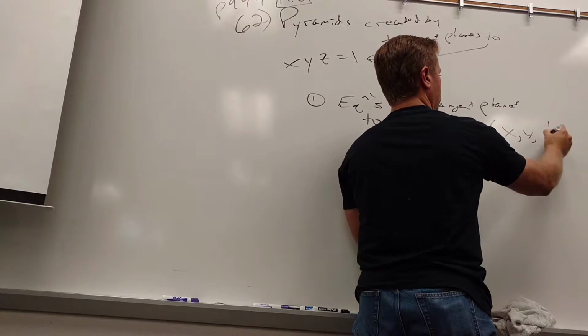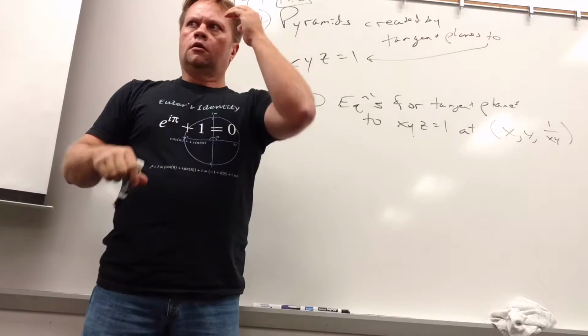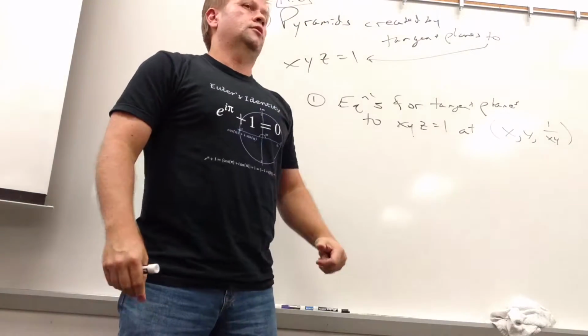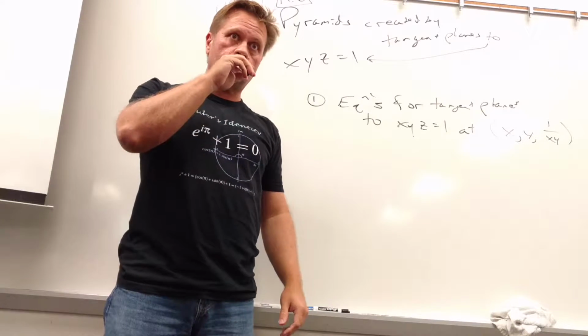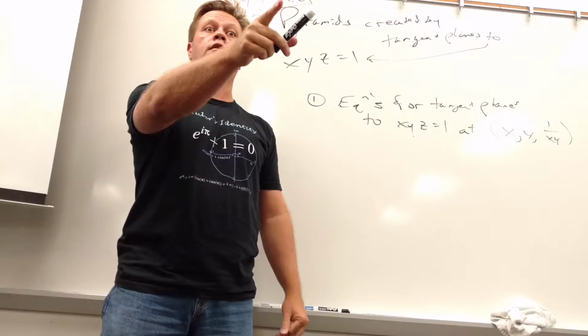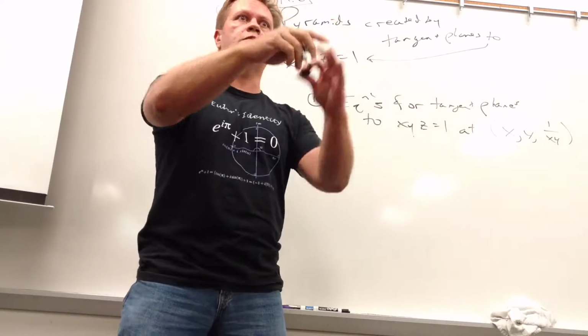That would be like 1 over xy for z, right? So you end up getting a tangent plane. As you scoot the tangent plane around, the three points at the intersecting axes move around. But how do you prove that no matter where...? It's beautiful.